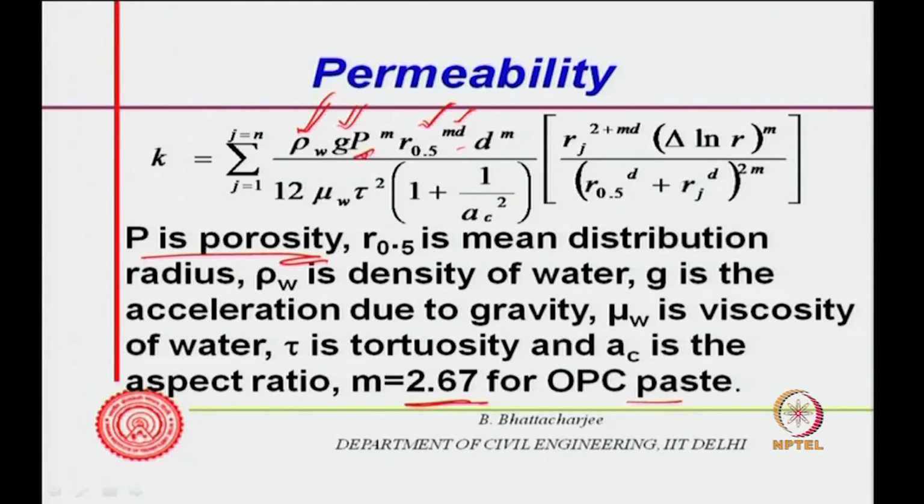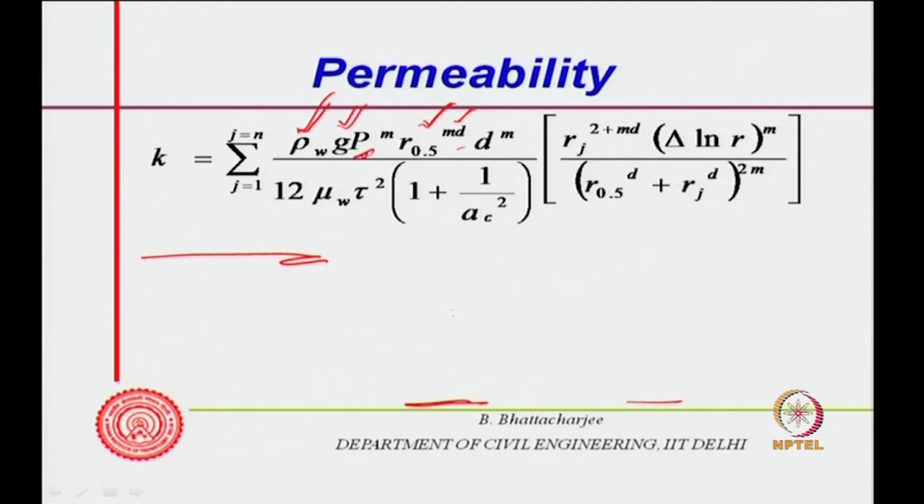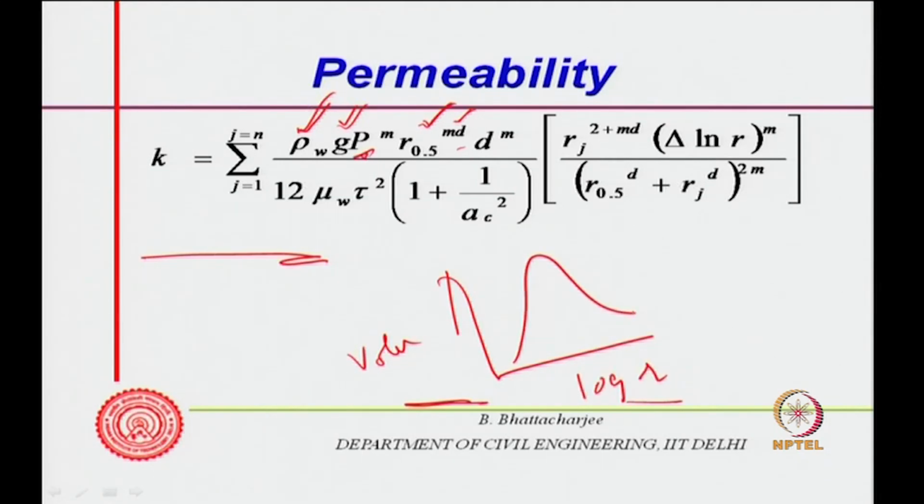That is, if I plot pore size distribution, volume of pores let us say, against log of pore size, then I will get this sort of a relationship. So, this dispersion of pores, from the minimum size to the maximum size of pore, D is related to that.